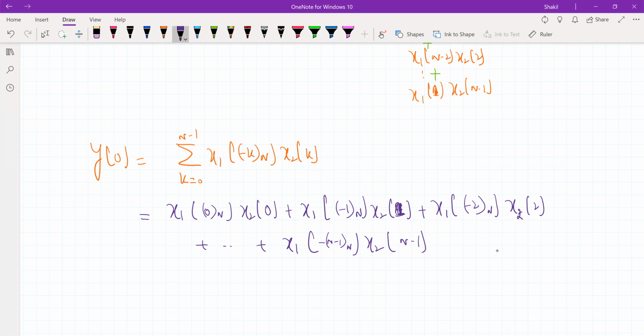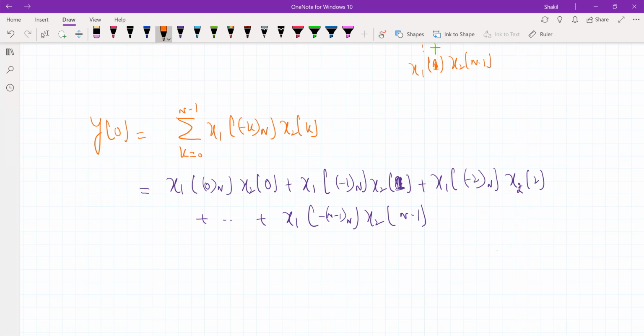Right, so this is if we expand, these are the different values of k. I know what is this, x2 of 0, x2 of 1, x2 of 2, x2 of n minus 1. But what is this x1 of minus 1 modulo n? x1 of minus 2 modulo n? What is this? Now, how do we evaluate a modulo for a negative number?